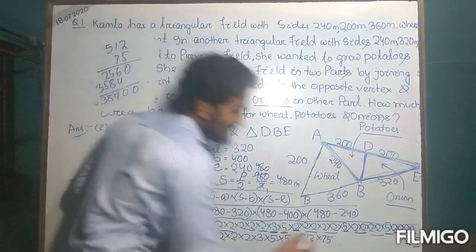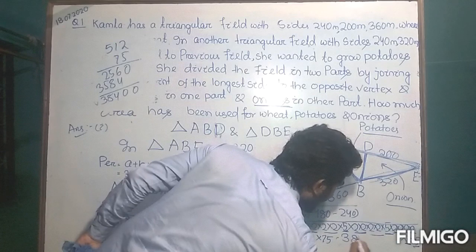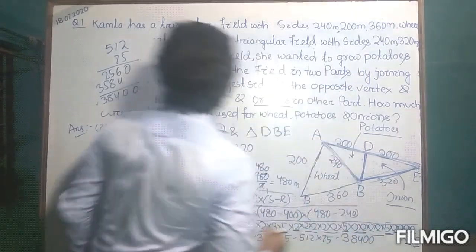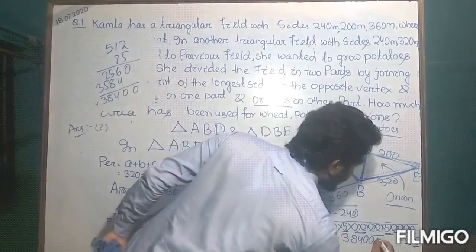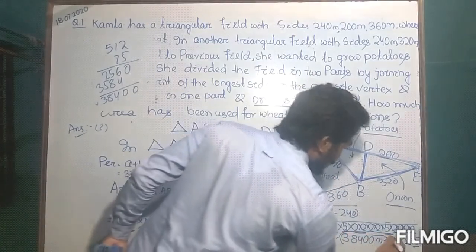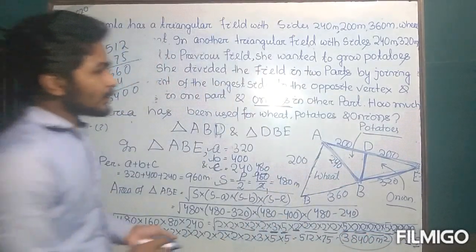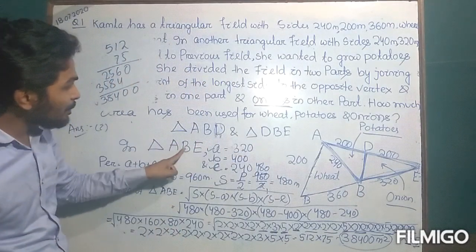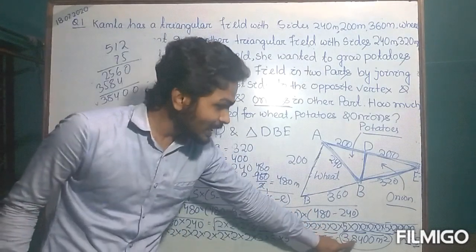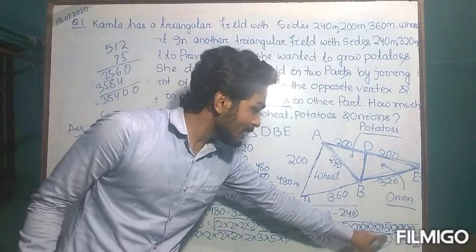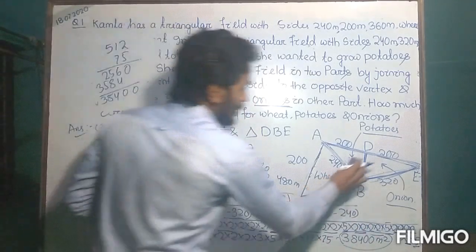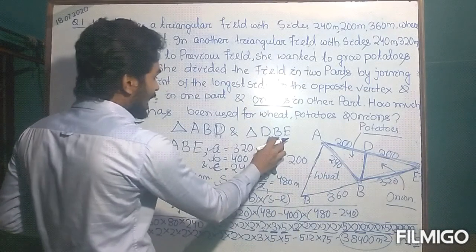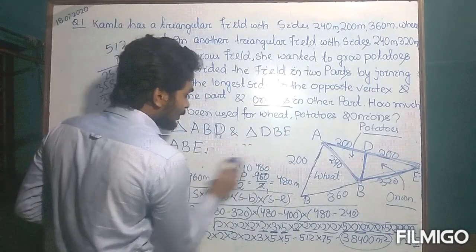So the result is 38400 meter square. So this is the result. So the area of triangle ABE is 38400 meter square. I am writing this here.